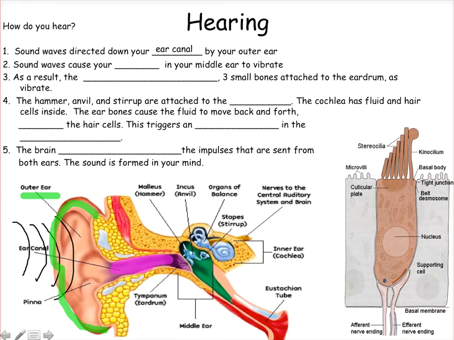So these sound waves will be collected by your outer ear and directed down the ear canal until it gets to the end of the ear canal. The end of the ear canal is covered by a piece of tissue called the eardrum.